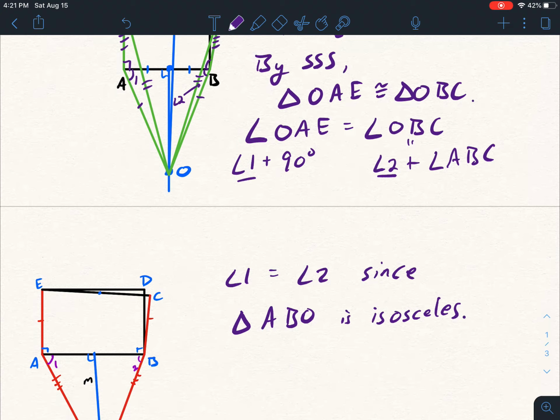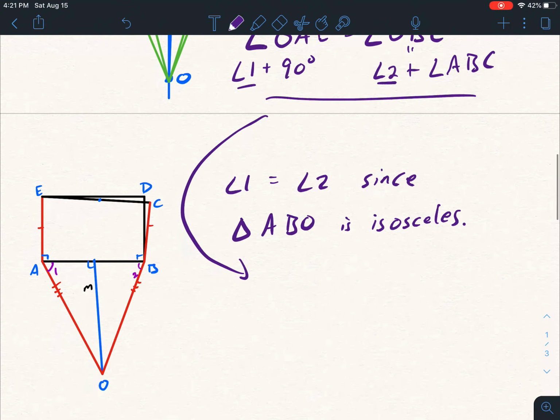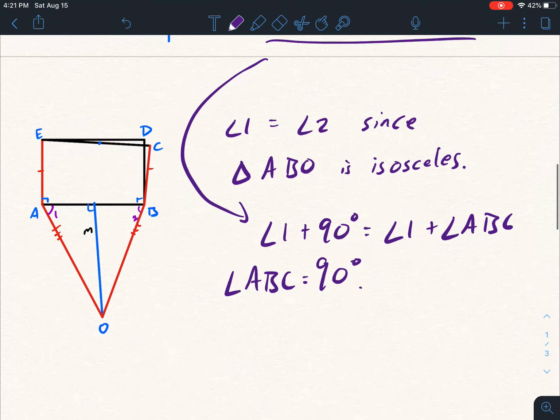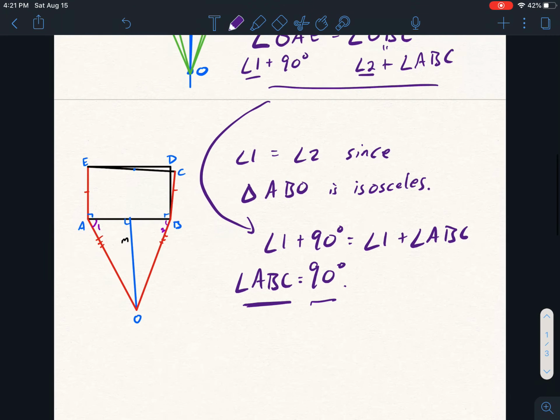So if angle 1 is equal to angle 2, then this equation right here becomes angle 1 plus 90 degrees is equal to angle 1 plus angle ABC. And then I just subtract angle 1 from both sides, and I get that 90 degrees is equal to angle ABC. And therefore, angle ABC is a right angle.